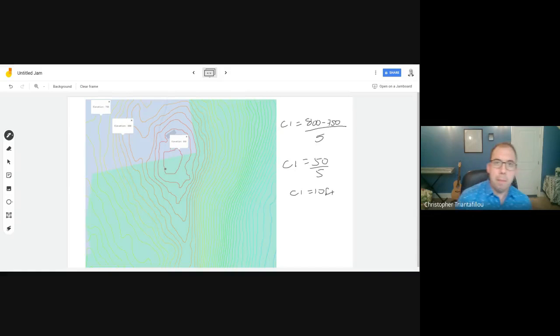What if it asks for the maximum height? What's the largest possible elevation point of this hill? Well, here we see that it's 850. So if our point is right there, then we know it's not on the line, right? So we know that it's going to be greater than 850.